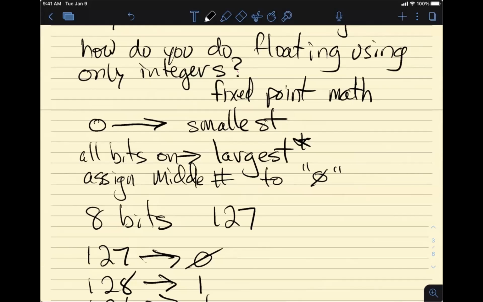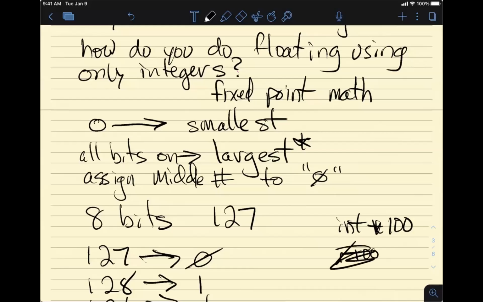So for instance, let's say you want to represent hundredths. So you take your integer and multiply it by 100. Look at the bottommost bits and then divide by 100.